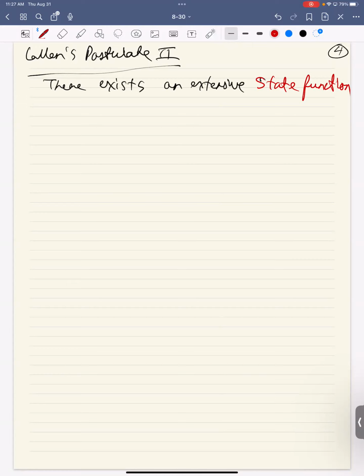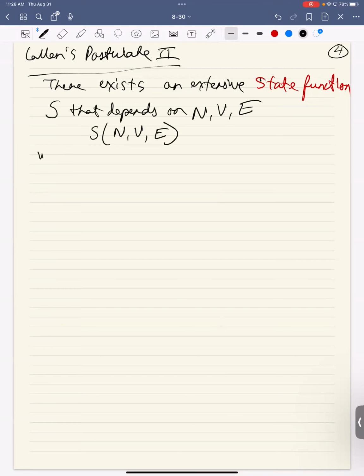Whichever way you go, this function will stay the same. And thermodynamics is really all about figuring out state functions versus path functions. There exists an extensive state function, which we are going to call S, that depends on N, V, E. So we can write it as S as a function of N, V, E.